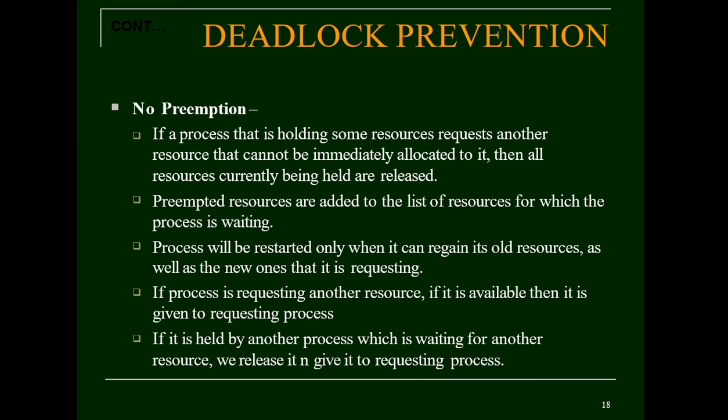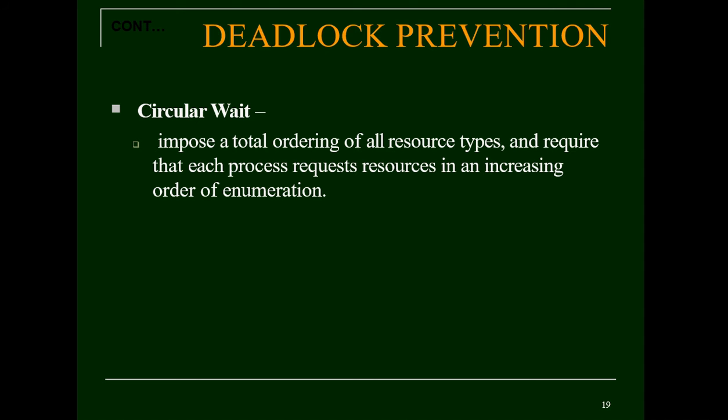So if the process is requesting another resource, it is given to the requesting process if it is available. And if it is held by another process which is waiting for another resource, then we can release it and give it to the requesting process.